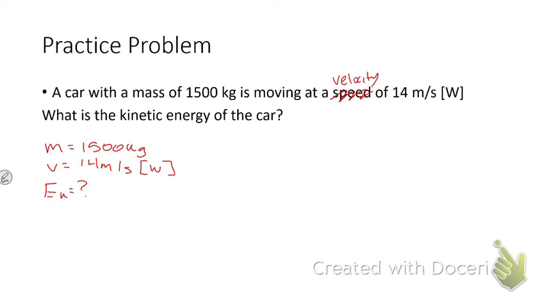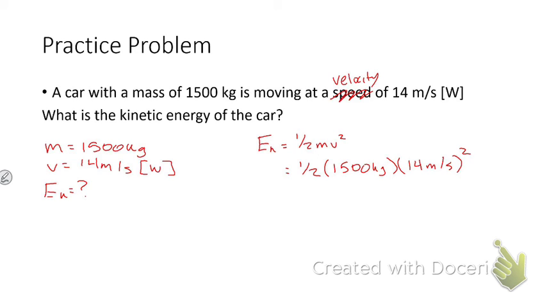Well, I have mass and I have velocity, and we're looking for kinetic energy. So let's use the kinetic energy formula, of course. This formula is already written in terms of kinetic energy, so now we can just plug in our values. 1/2 times our mass, which is 1,500 kilograms, times our velocity, 14 meters per second, squared.